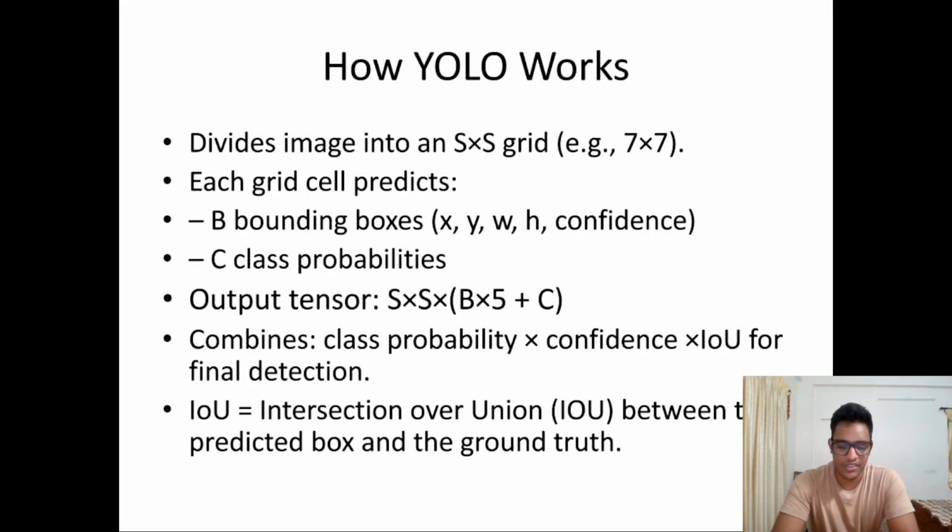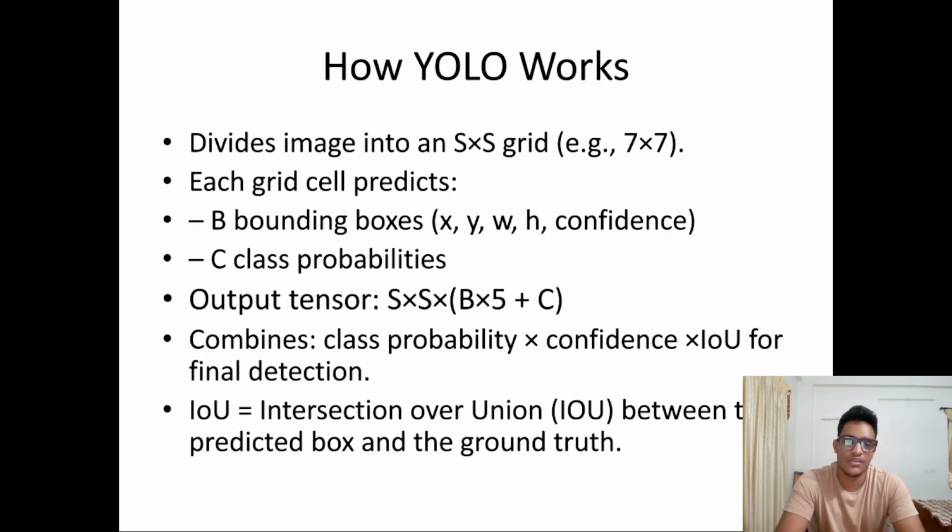Each of these grids predicts B bounding boxes, and each bounding box has 5 predictions: X, Y, W, H, and confidence. X, Y is the center of the object, W, H is the width and height of the object with respect to the image, and confidence is the probability of that object actually existing in that area.